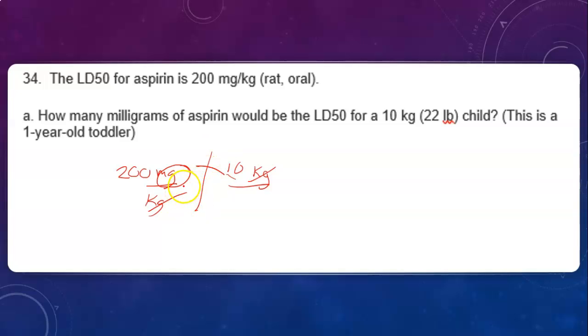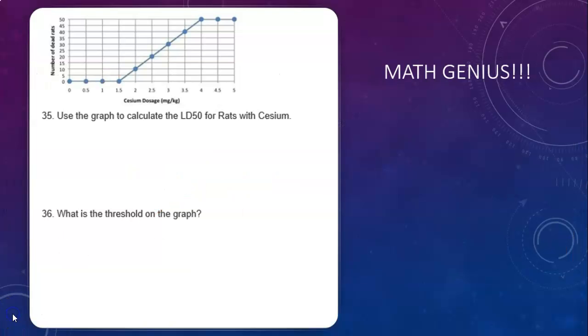Once again, this is the dimensional analysis, and you end up with about 2,000 milligrams. And since each pill is about 500 milligrams, then it could be as little as 4 pills in order for it to be lethal to half of a 1-year-old toddler population. So that's why you have to be so careful as a parent, and we have those child safety tops.